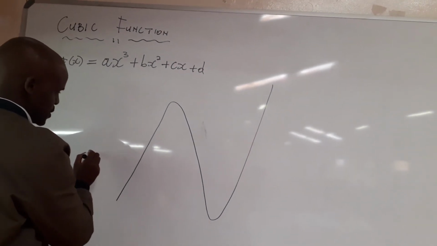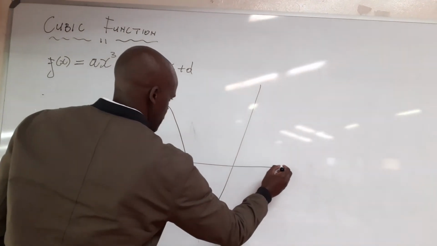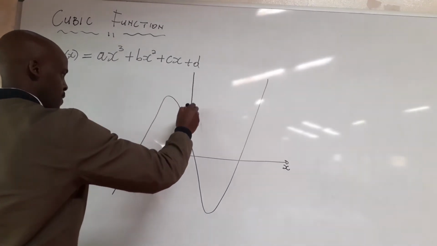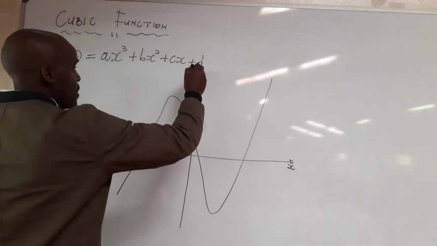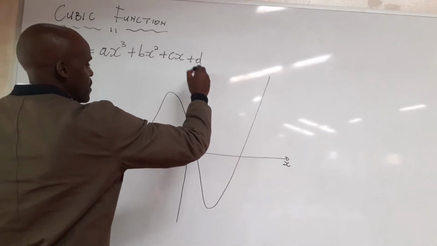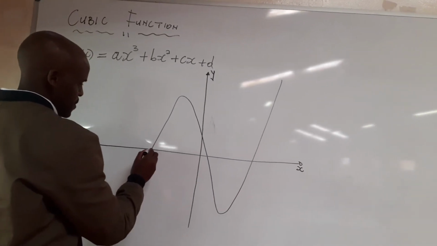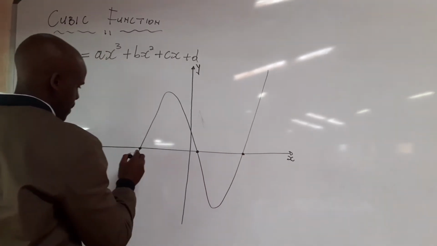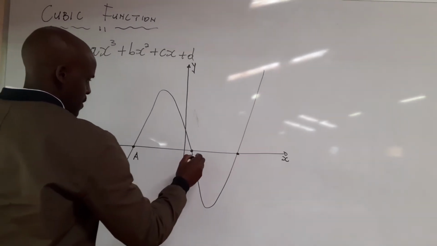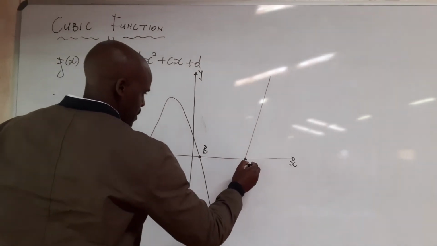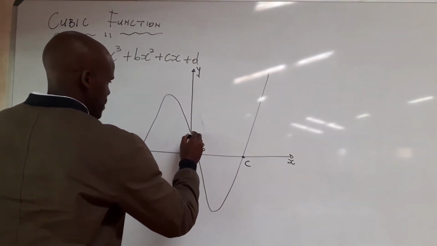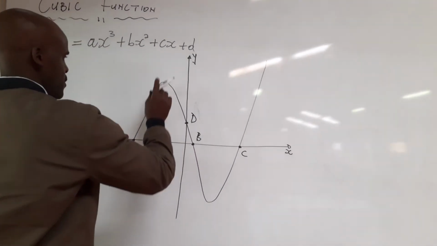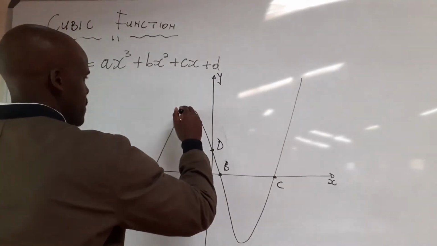Right, let's draw our Cartesian plane. Another point, our y-intercept, let's say this is point D, and also we have the stationary point.